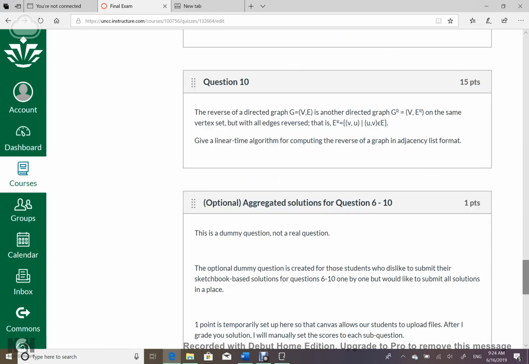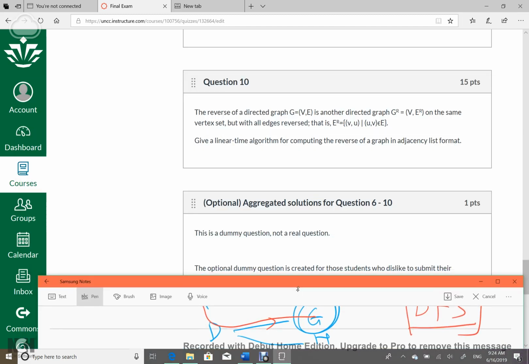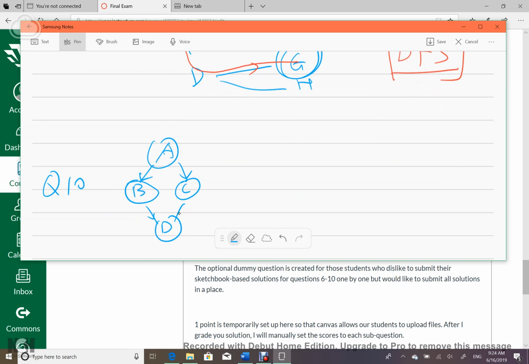Okay, let's take a look. So for this question, we are given a graph. Let's still use this one as an example. Here we didn't mention whether it is directed or undirected. It's a directed graph, right? It's talking about a directed graph. We use this one, so we have an adjacency list, so we have an array.